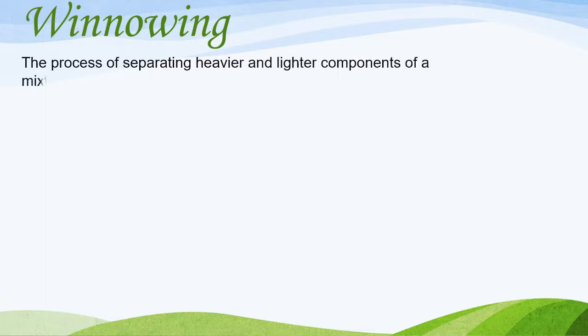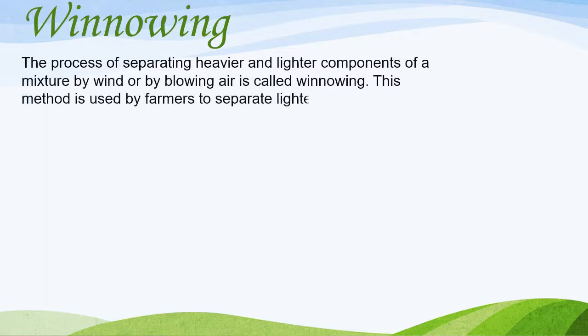Winnowing. This process of separating heavier and lighter components of a mixture by wind or by blowing air is called winnowing. This method is used by farmers to separate lighter husk particles from heavier seeds of grains. In this process we separate heavier components and lighter components.